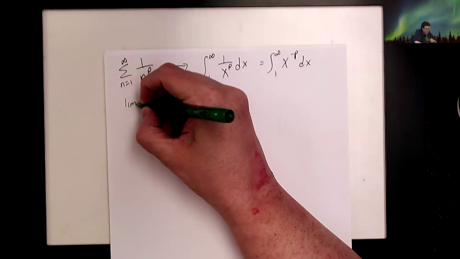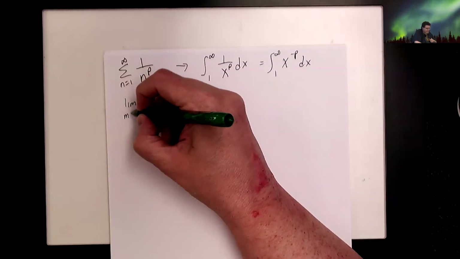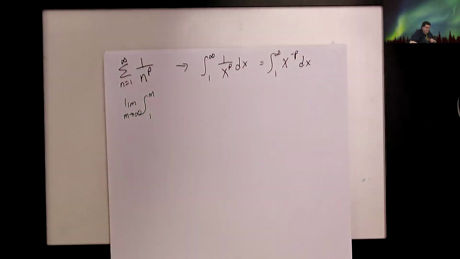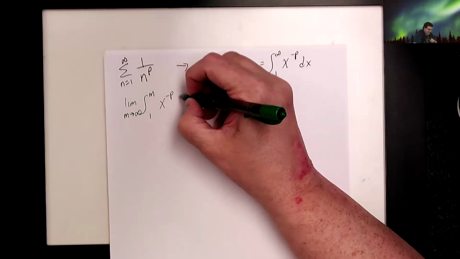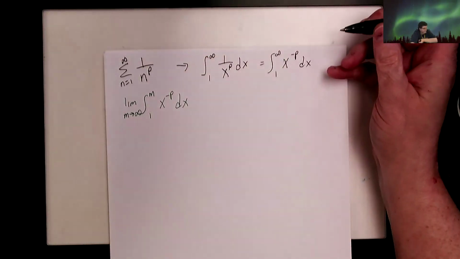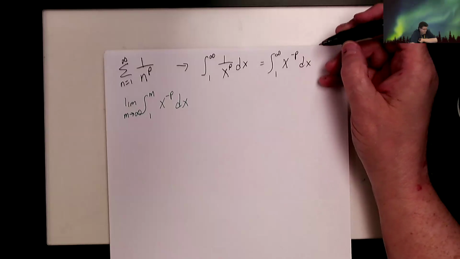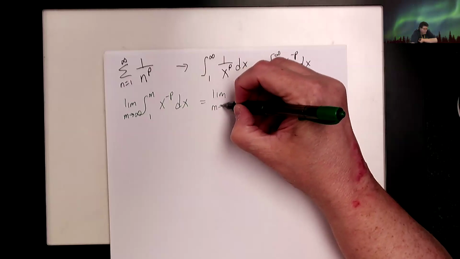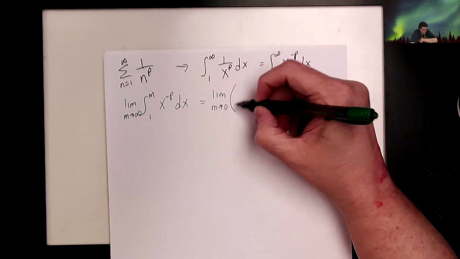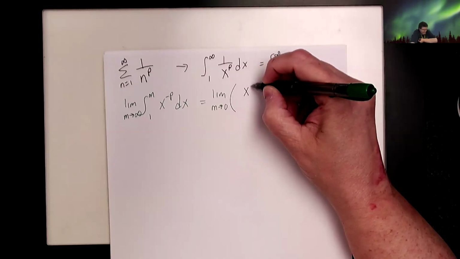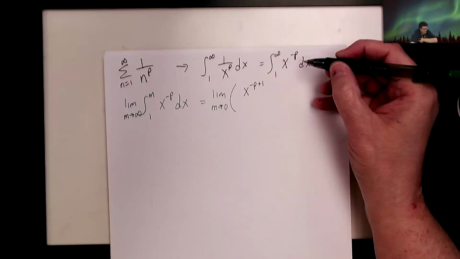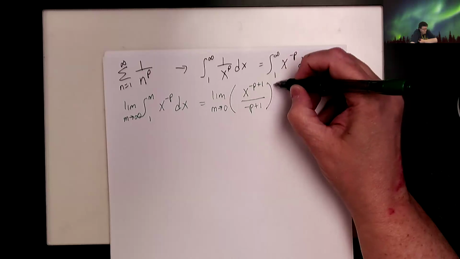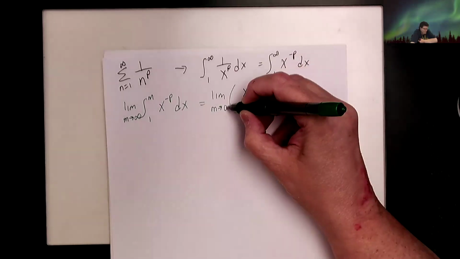So I'll use a different letter here. Let's do m. Limit as m goes to infinity of the integral from 1 to m of x to the negative p dx. We can do that integral. If I go up a power, I've got negative p plus 1, and then divide by that power. That should say infinity.